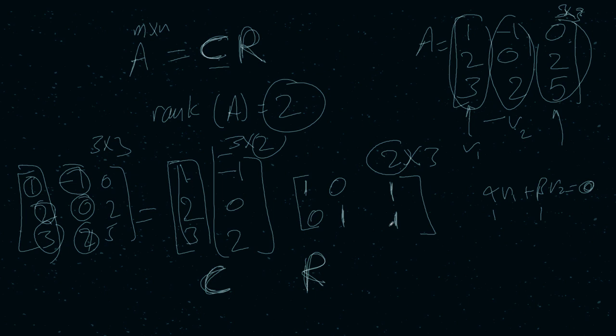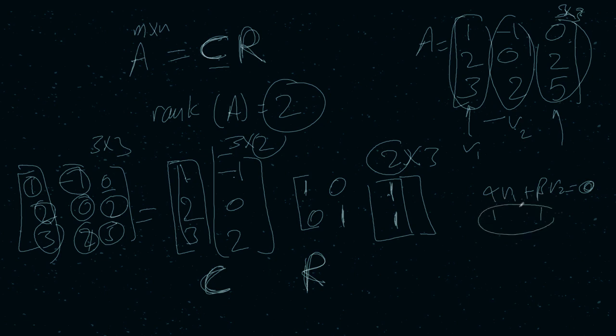And you can check if you like. 1 times 1 is 1, -1 times 1 is -1, so 1 minus 1 is 0. 2 times 1 is 2, plus 0 times 1 is 2. And 3 times 1 is 3, plus 2 is 5. So now the third column should be alpha and beta, so it is 1, 1.